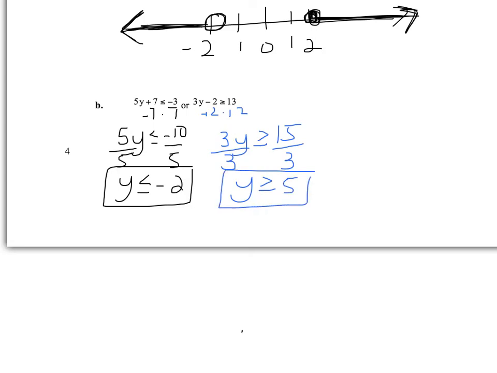Okay, so if I want to graph this point, just use this right here as my line. So 0, 1, 2, 3, 4, 5, and negative 2. Okay, so y is less than or equal to negative 2. It's included. Less than or equal is going to the left.